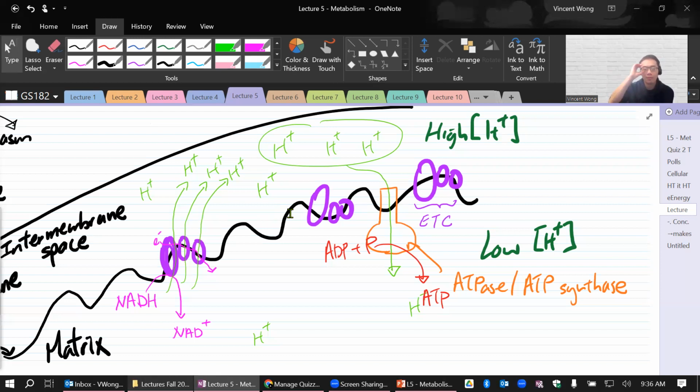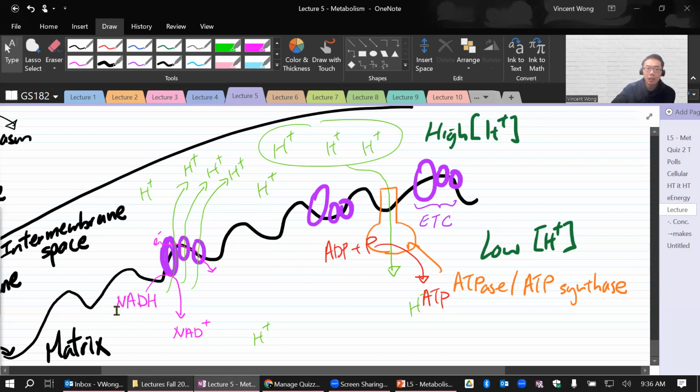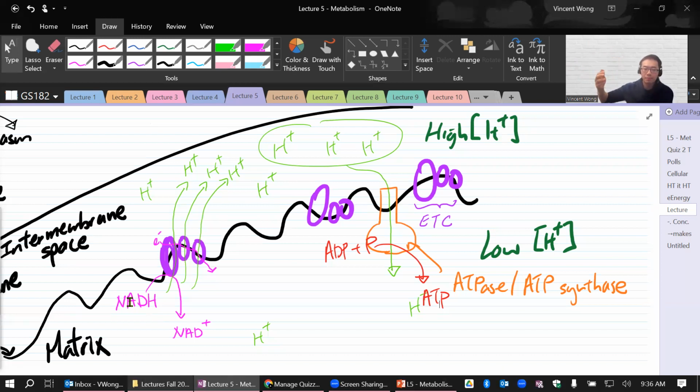Just to recap it very quickly one more time. We've created a lot of energy carriers along the way. They capture high energy electrons from step 1, step 2, and step 3, namely glycolysis, pyruvate oxidation, and the citric acid cycle.